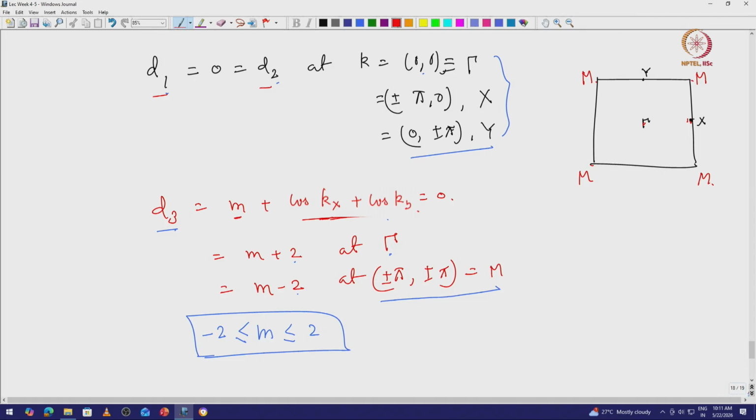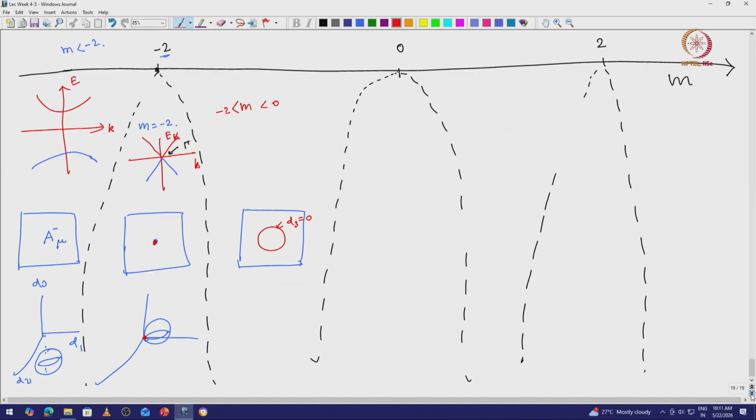you can expand it near the gamma point in terms of k, then you can obtain it, and here it will be some band inversion that has happened, right.